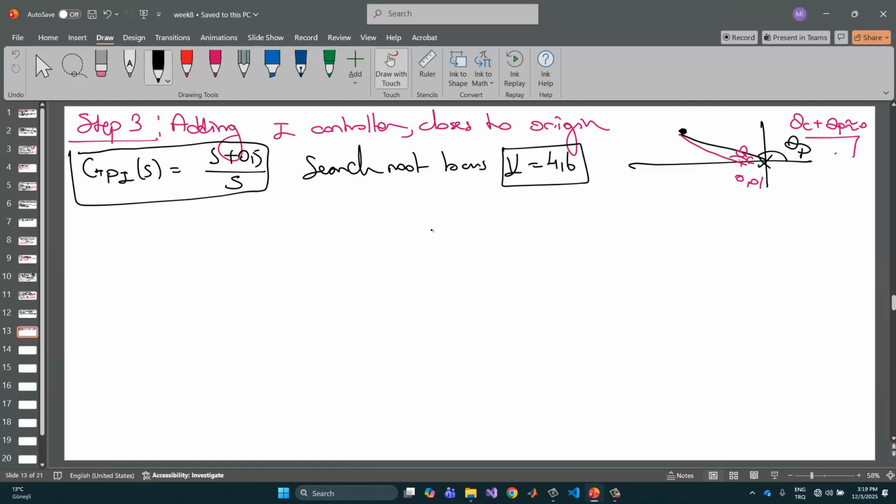If we add this system, we redraw the root locus, and then we should select the proper K values again. In the first case, we have 121, but right now we have 4.6 for the proportional coefficients. And then we have these conditions.